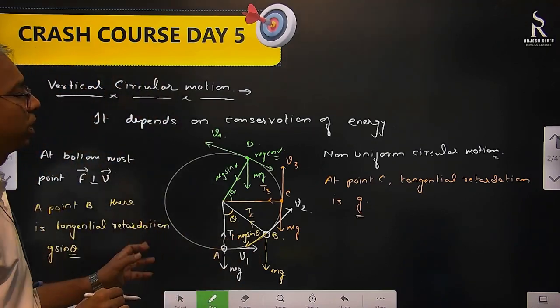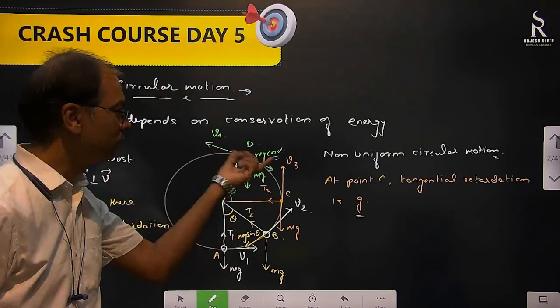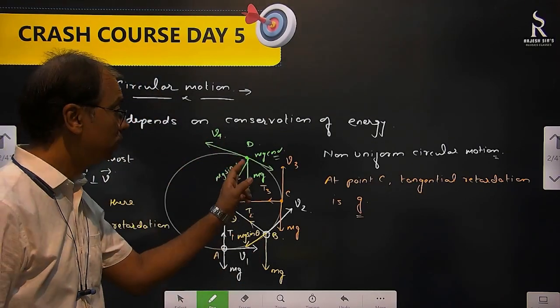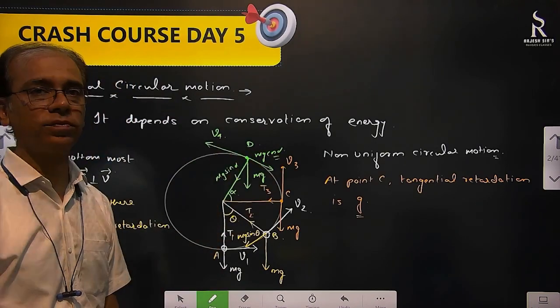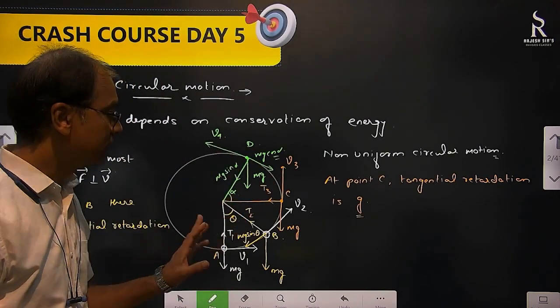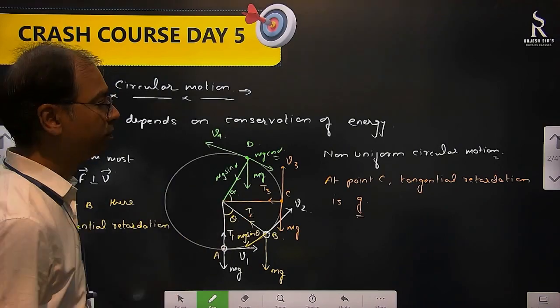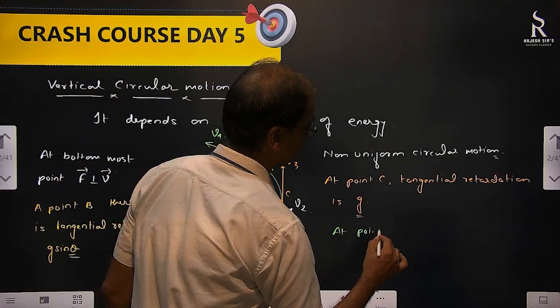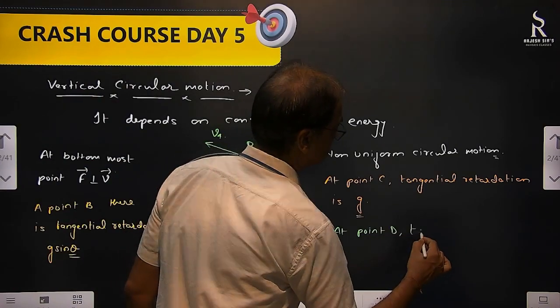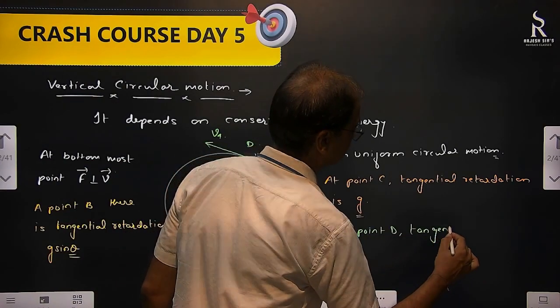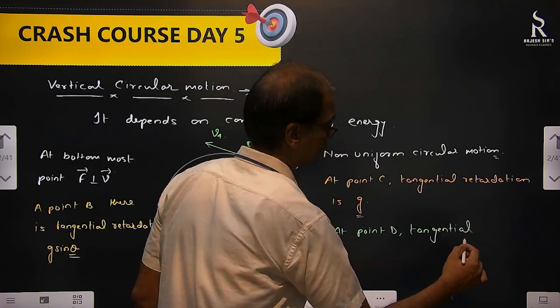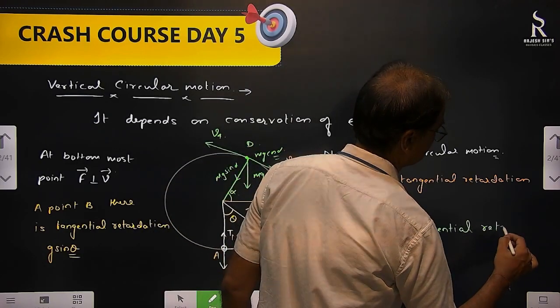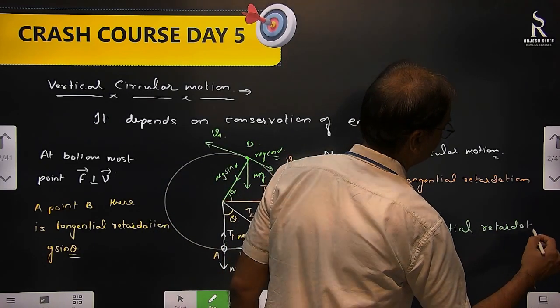Here, who is trying to act opposite to velocity? mg cos alpha. So here your tangential retardation is g cos alpha. Remember, the angle is this, not this one. So at point D, tangential retardation is g cos alpha.